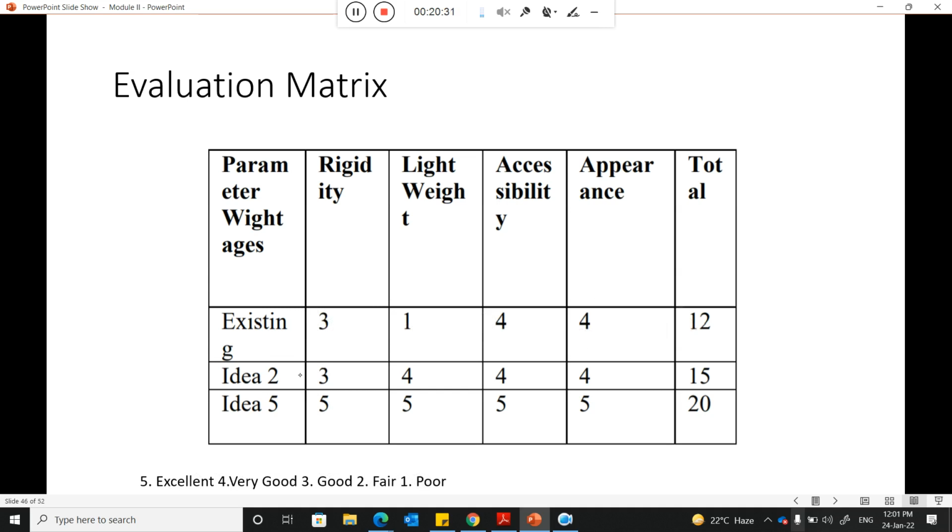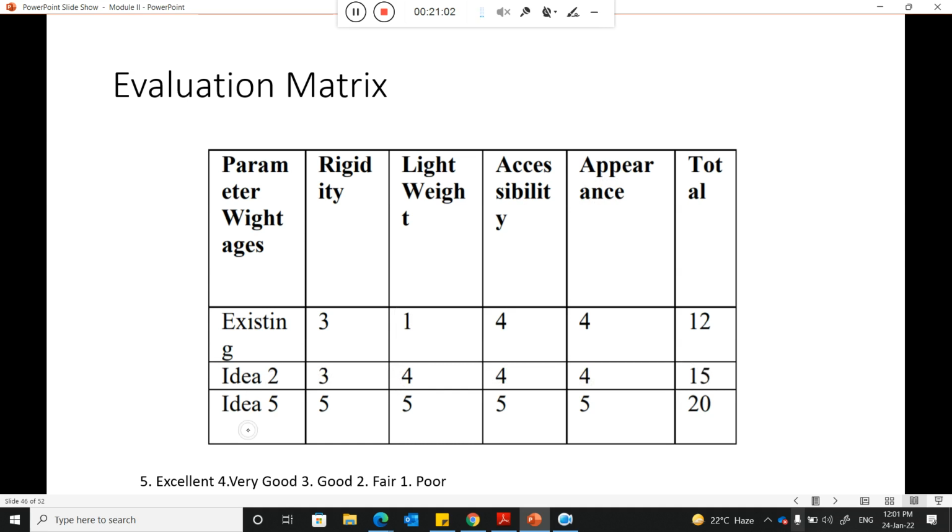So what does idea number 2 say? Idea number 2 has the same rigidity, and yes, it is lightweight because we are now using plastic. Here we were using a mild steel rod and all, but now using plastic, so it reduces the weight of the total train. Next is accessibility. Yes, it is easily accessible. Appearance is good, and the total is 15.